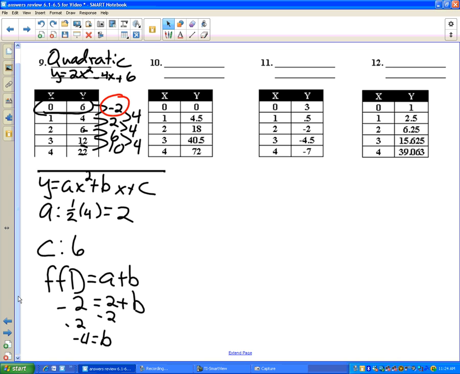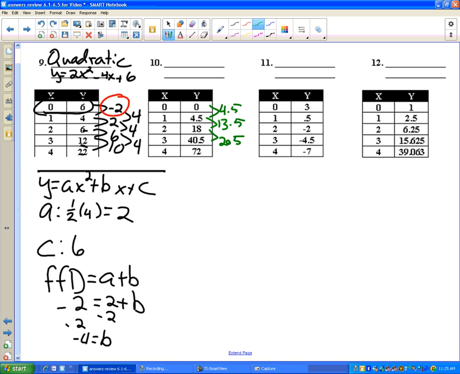Number 10, my differences are going to be 4.5. 18 minus 4.5, I believe, is 13.5. 40.5 minus 18 is going to be, is that 32?